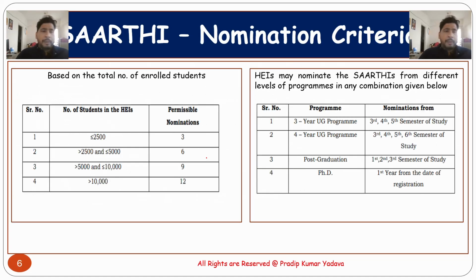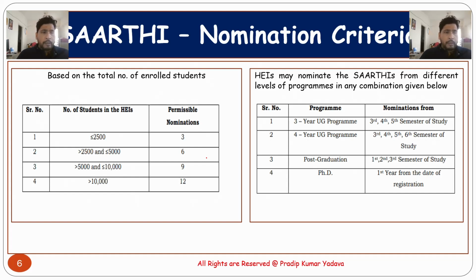Now, how many Saarthi can be possible? So it totally depends upon the number of students. If the number of students is less than or equal to 2,500, then the maximum nomination can be 3.